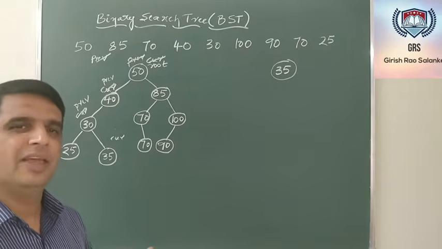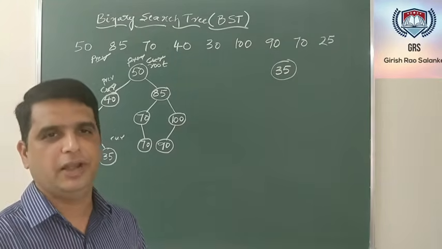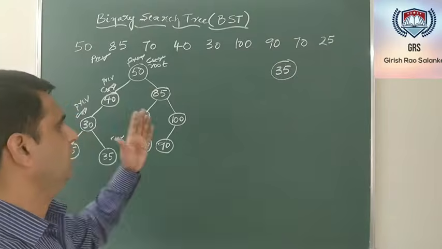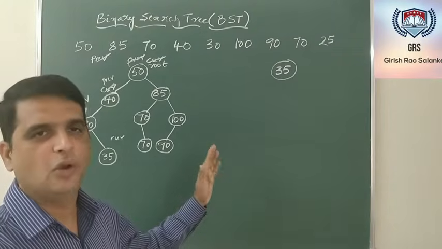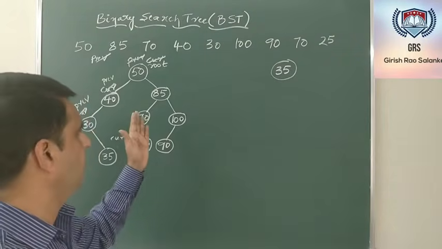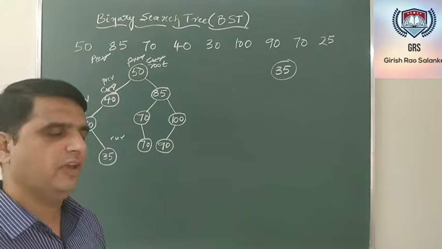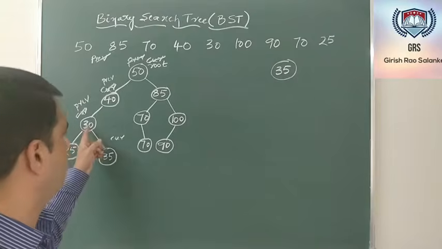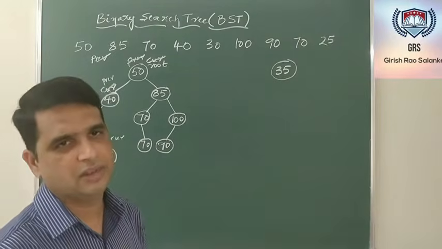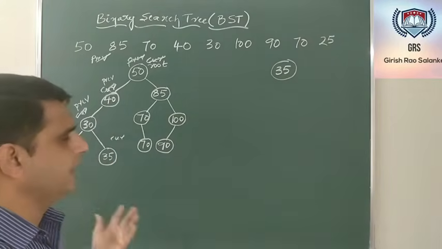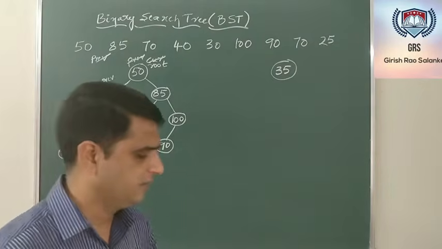Hope this is clear. Every time you need to check with the current of data, so that you traverse your current either to the left side or to the right side. Once you decide to traverse your current to the left or right side, you need to update the value of previous as well. And finally, you need to compare the previous of data with the new item to be inserted, and attach it as the left child or the right child.